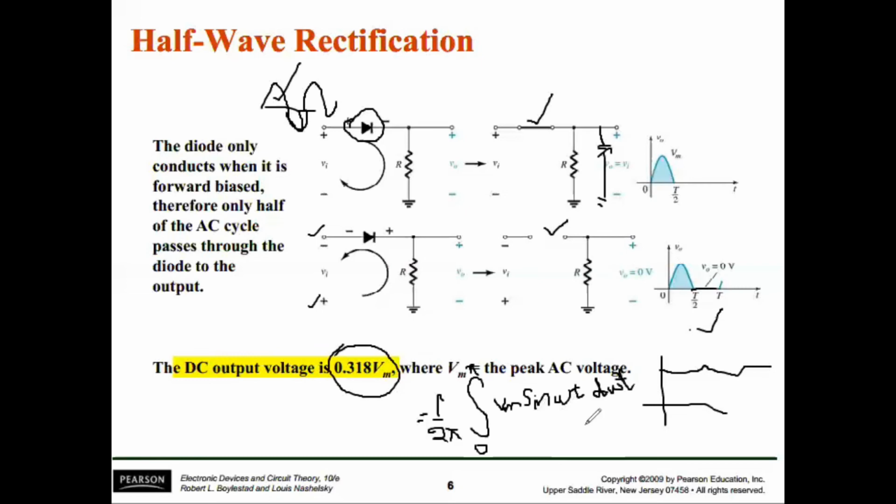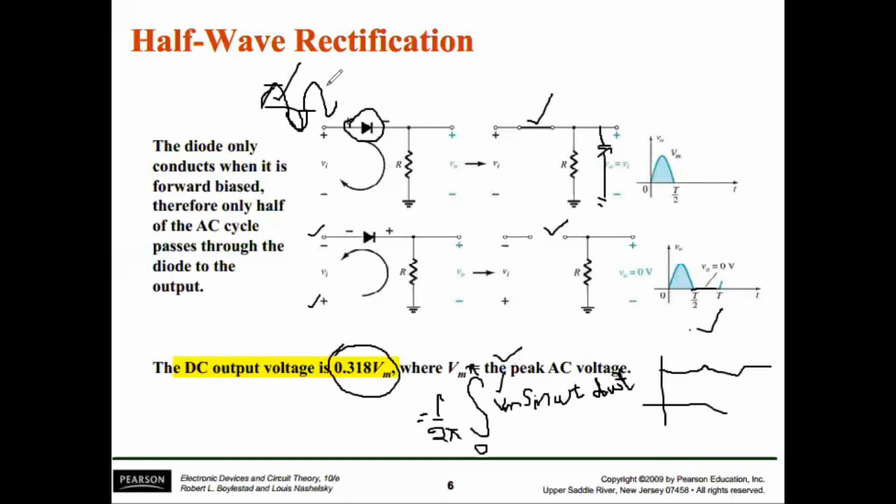What is Vm here? Vm is basically the peak value of this AC voltage. It will rise, and there is a time when it will reach the peak of this waveform, and that is this Vm. What is omega? This is the angular frequency of this waveform.